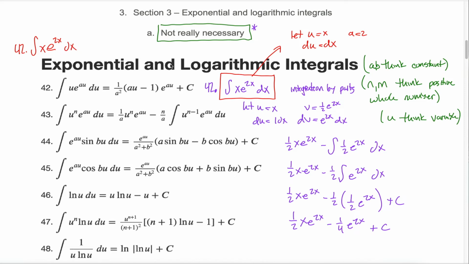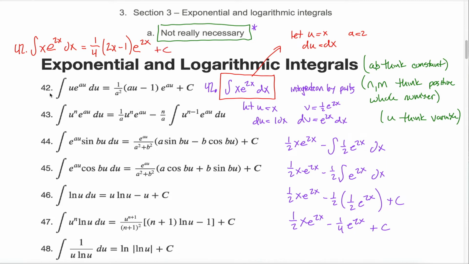It tells us that this, which is exactly the question that was asked, is equal to 1 over a squared. Remember, a is equal to 2, so this is 1 over 2 squared, in other words, 1/4, times a times u, so 2 times x, minus 1, e to the au, e to the 2x, plus c.